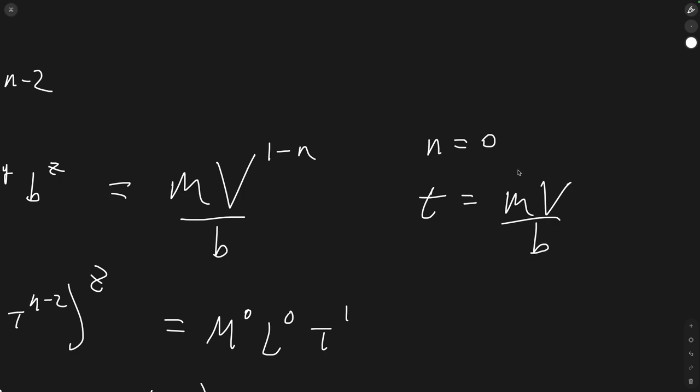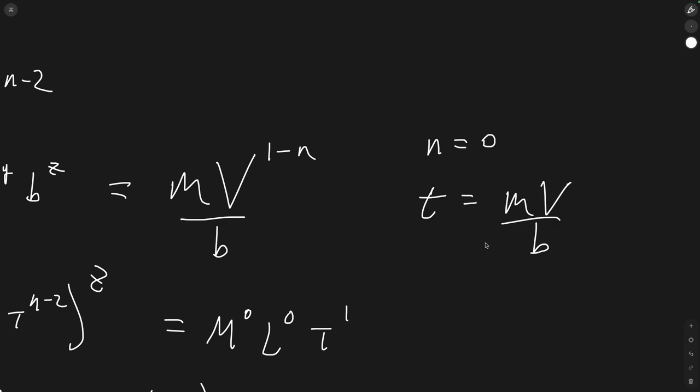It says that if the mass is greater, then it'll take longer for it to stop. That makes sense because of inertia. It has more inertia. And then it also says that if the initial speed is greater, it'll take longer to stop.